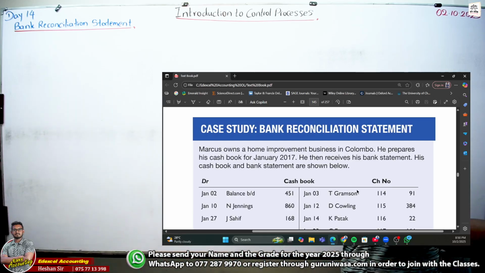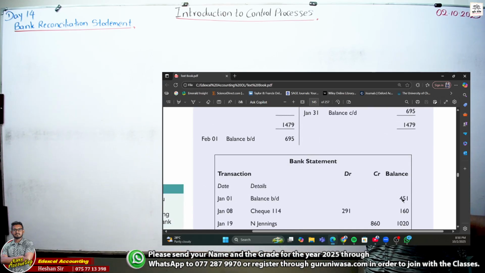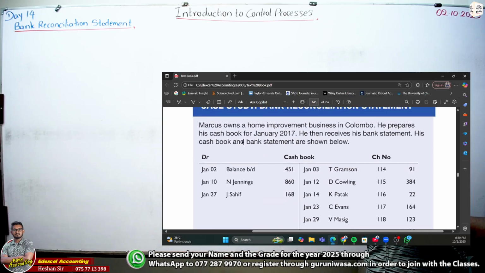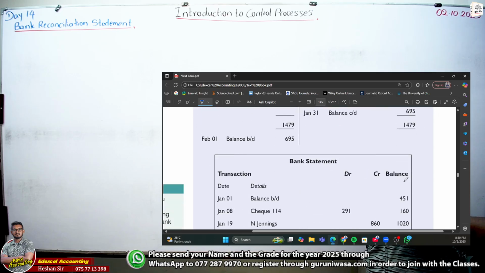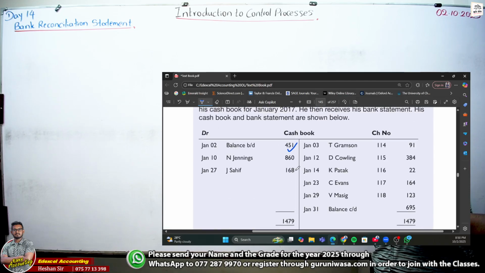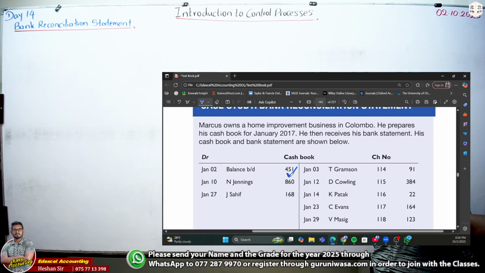You can see the cash book opening balance and the bank statement opening balance are the same. Since both opening balances are correct, put correct marks.